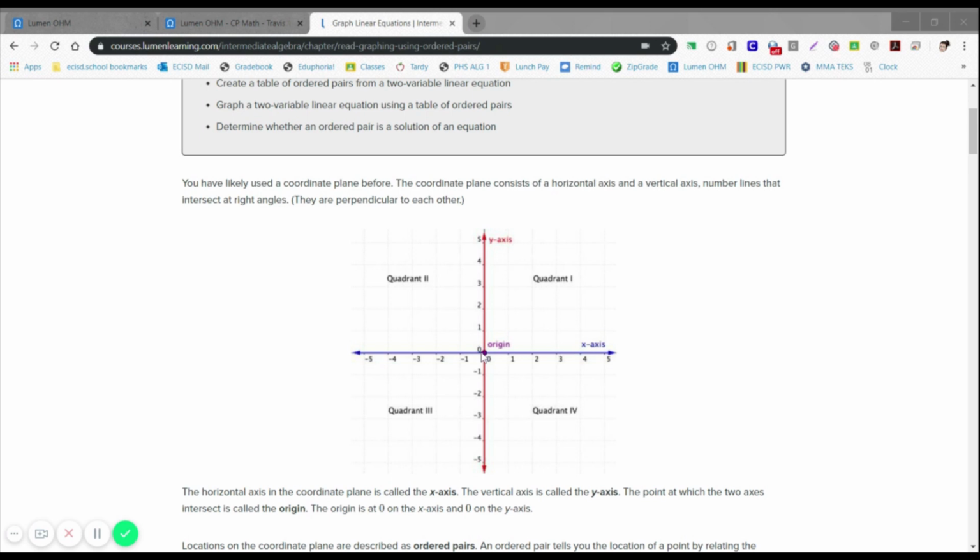You can also see how the axes split up the graph into 4 separate sections called quadrants. The first quadrant is in the top right section. The second is in the top left. The third is the bottom left, and the fourth is the bottom right. Just remember that the first quadrant is in the top right and then go counterclockwise to label the rest.